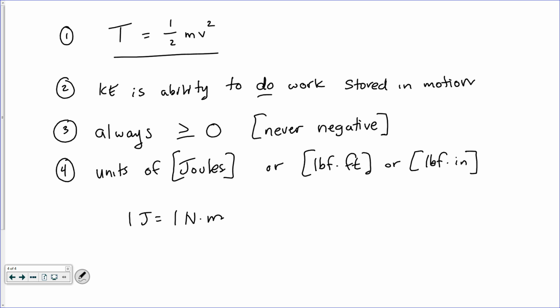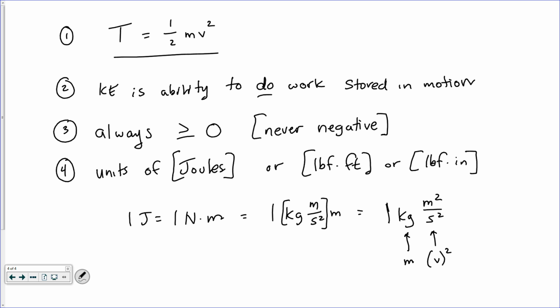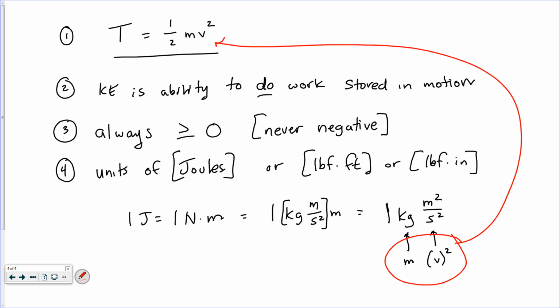Okay. But every Newton is equal to a kilogram meter per second squared. If I rearrange that, that's equal to 1 kilogram meter squared per second squared. This kilogram has units for mass. Meter squared per second squared, that's just velocity squared. So the units do line up with one another because that is our definition for kinetic energy.